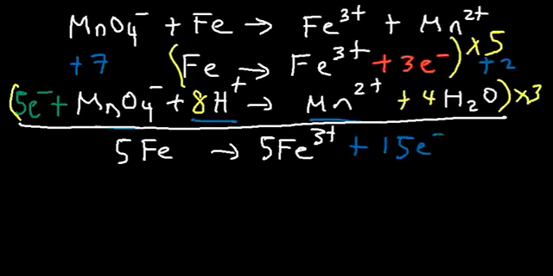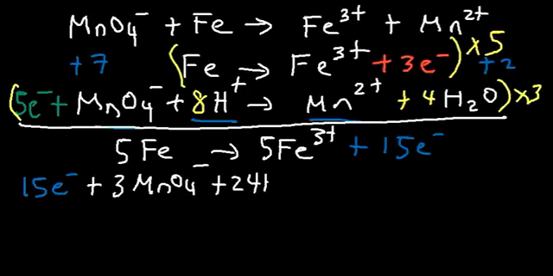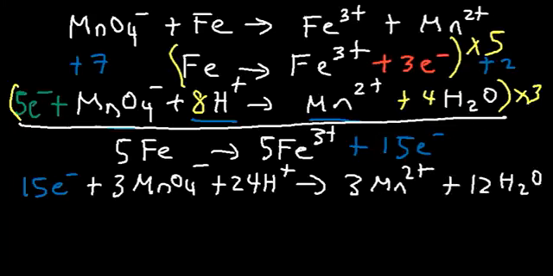And below that, we have 15 electrons, three permanganate ions, 24 H plus ions, 3 Mn2+ ions, and 12 H2O molecules.